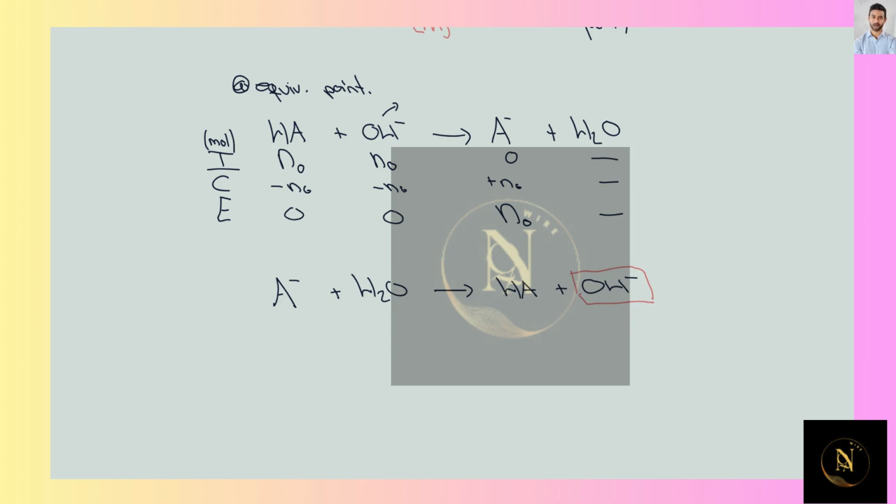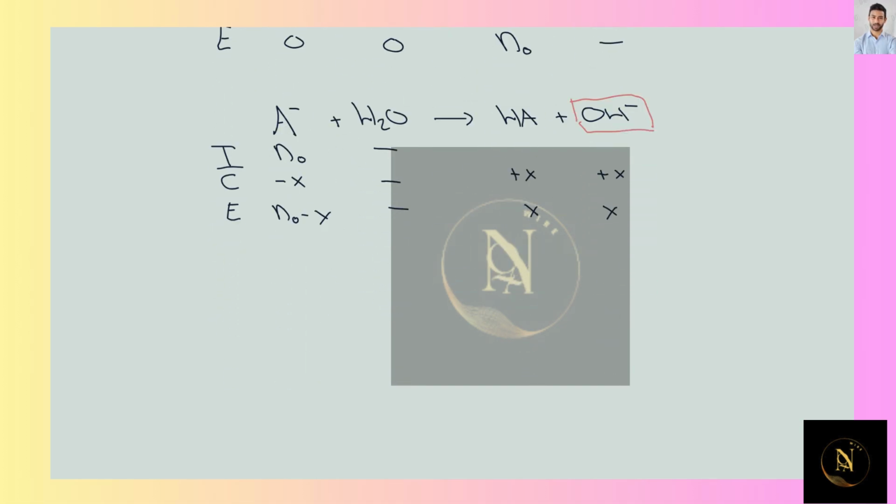In this scenario, your ICE table is going to look like this. You're going to start with N0. Water, again, is a pure substance, so it doesn't matter. The change, we're going to call this fraction x, plus x. So at equilibrium, you're going to have N0 minus x, and x.